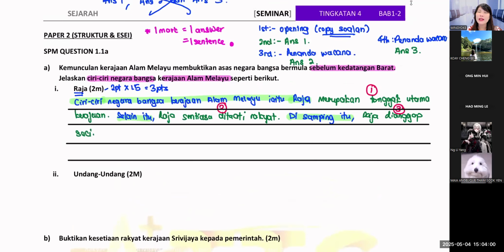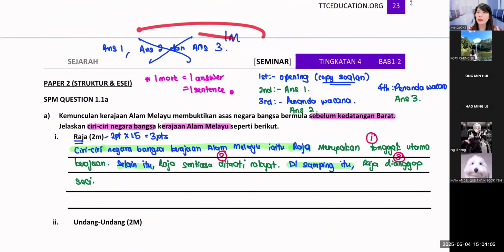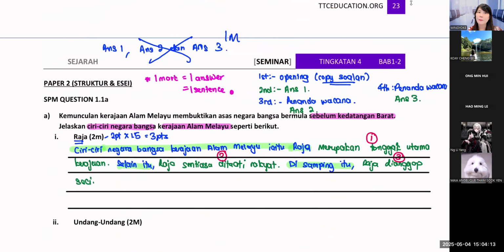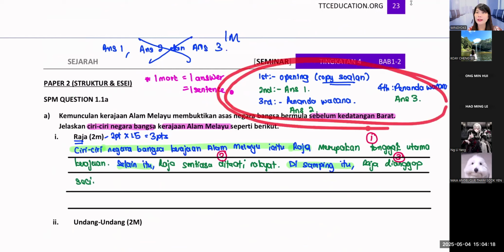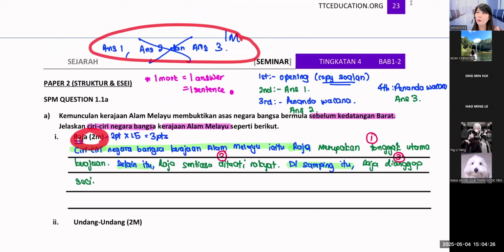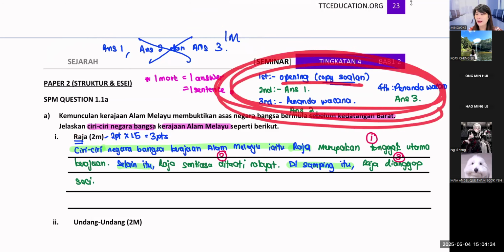So, guys, if you don't put the sentence structure like that, your teacher may only give you 1 mark. You can write like this in SPM, but not in Form 4. Sorry to say that, your teacher wants you to write this. If you write like this, from for example 2 marks, you only get 1 mark or 0 marks. If you write proper sentences: opening, answer, penanda wacana, answer, penanda wacana, answer, then you get 3 marks.